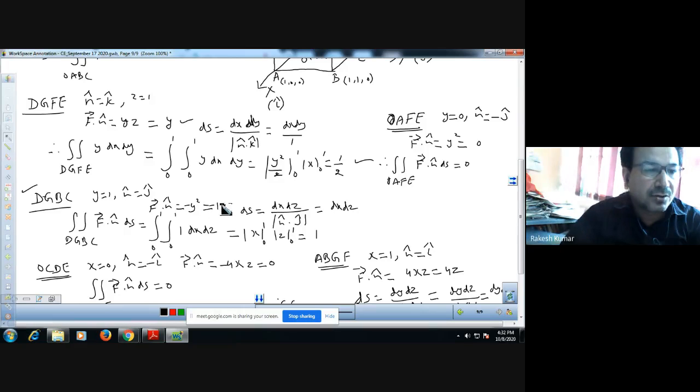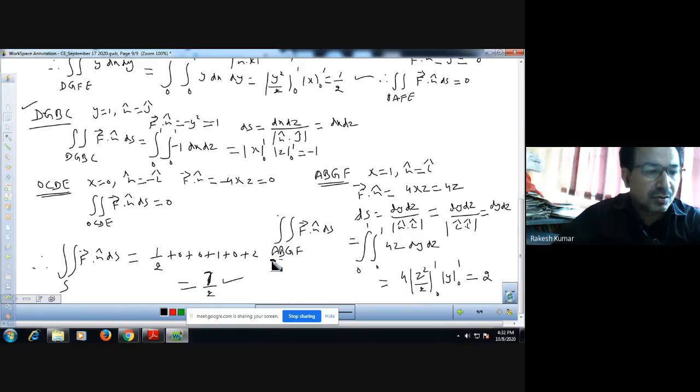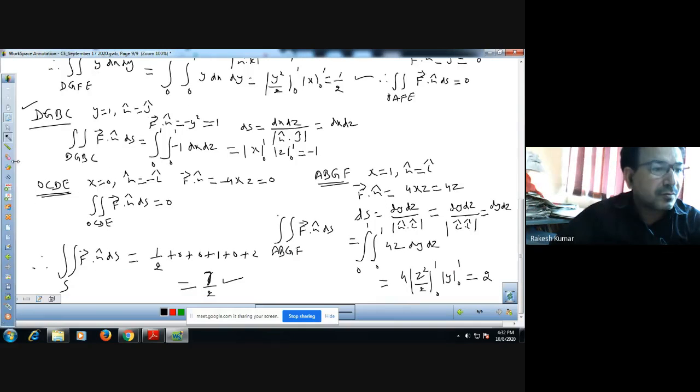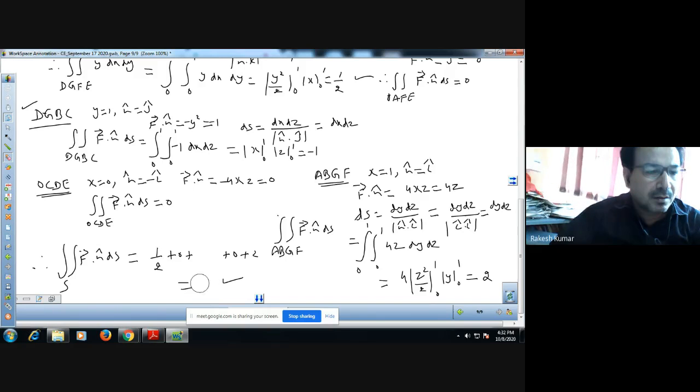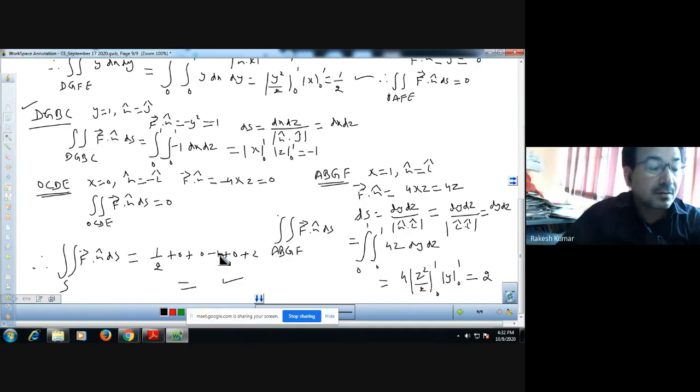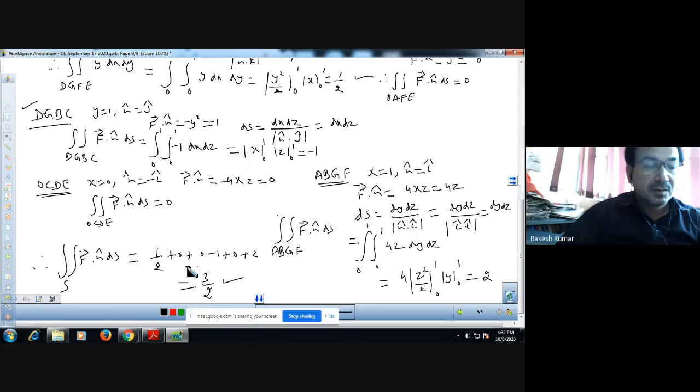So that value should be negative 1. Please make a correction here. So this value should be negative 1. So now the total will also come out different, with 0, negative 1, and then 1 and 1, and that comes out to be 3 by 2. So this is the correct value.